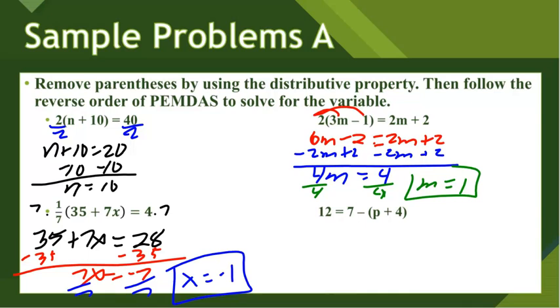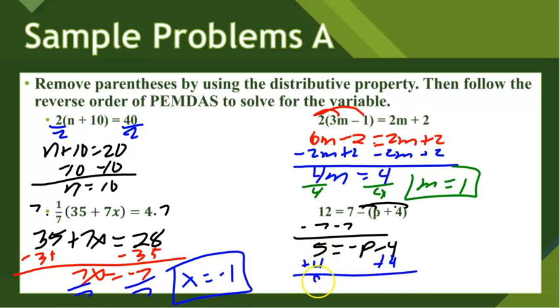Next here, I'm going to subtract 7 on both sides, and that gives me 5 equaling, and then I have to distribute this negative 1, which is a negative p minus 4. Then I can add 4 to both sides, and I'm left with 9 minus p, or 9 equals negative p.